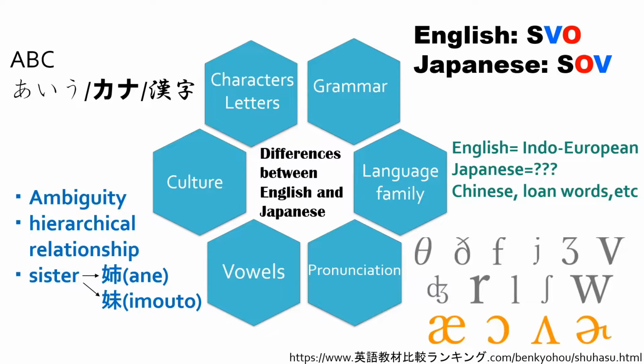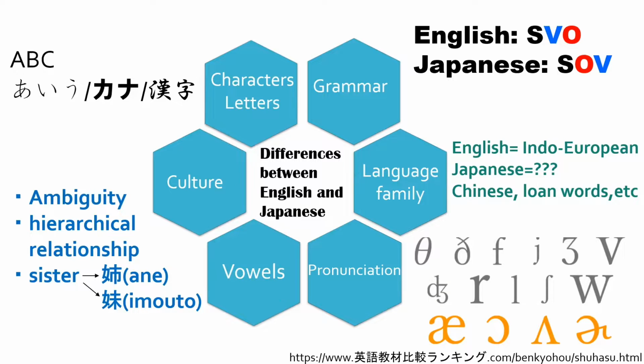If you're already learning Japanese, you might have noticed, but there are more vowels in English than in Japanese. Also, we don't have sounds such as F, V, and TH in Japanese. So there are so many differences and it sounds like nothing is the same between English and Japanese.